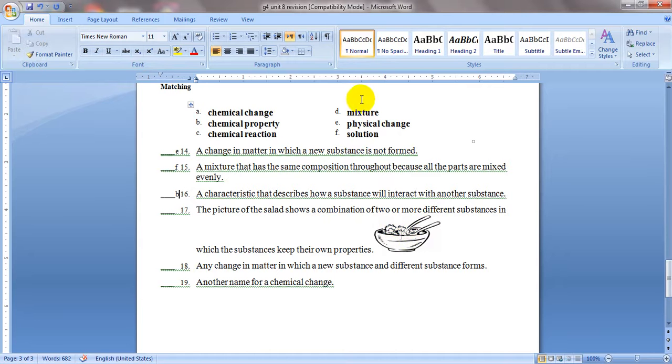It describes a mixture, which is letter D. Any change in matter in which a new substance and different substances form. It's a chemical change. Of course, it will form one new substance, which is letter A. Another name for a chemical change, we could call the chemical change a chemical reaction, which is letter C.